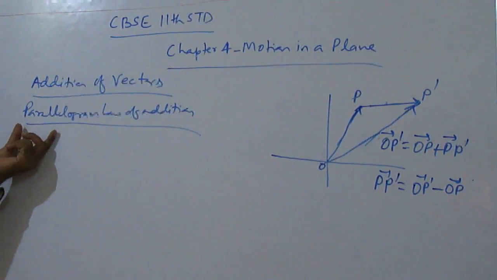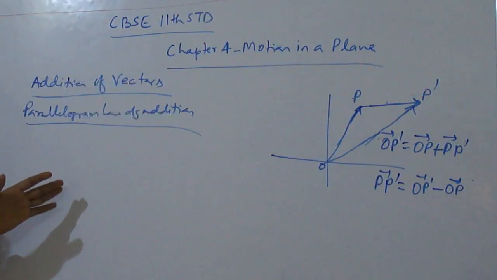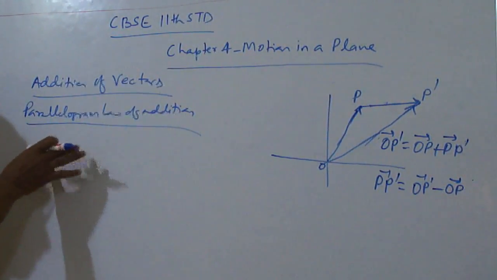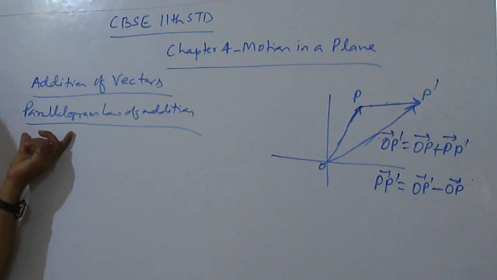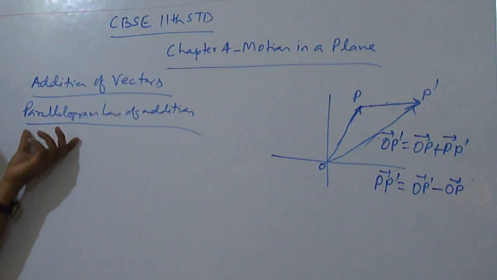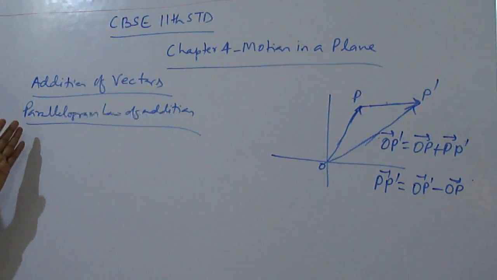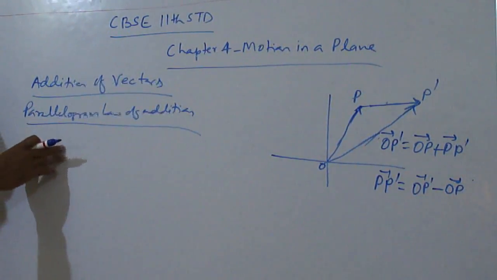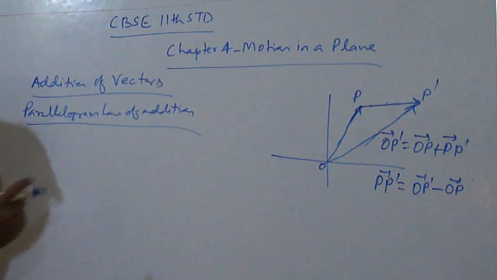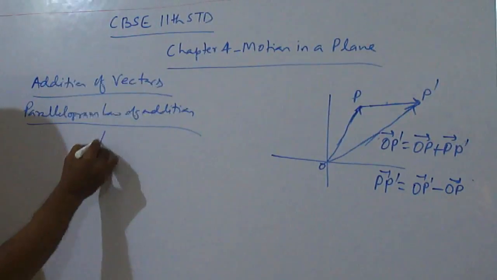Parallelogram means the word parallel has to be there 100%. A parallelogram is a geometrical figure in which opposite sides are equal and parallel. This is important. Opposite sides are parallel and equal.